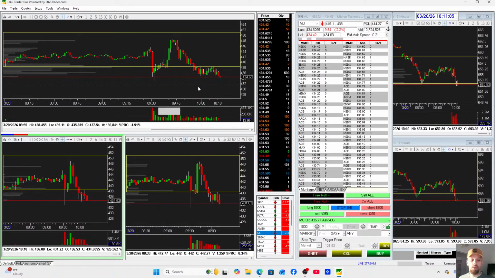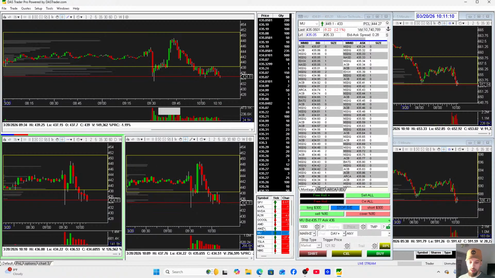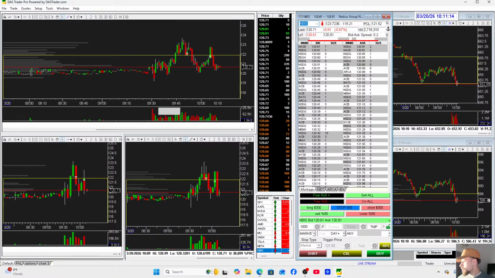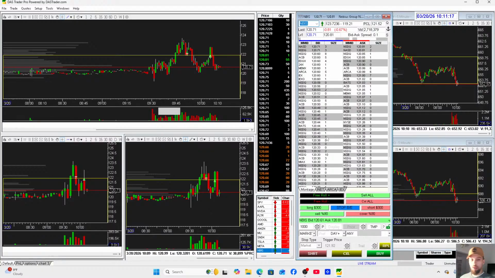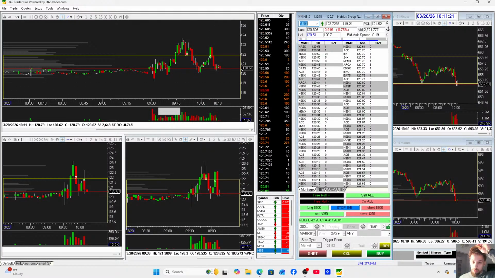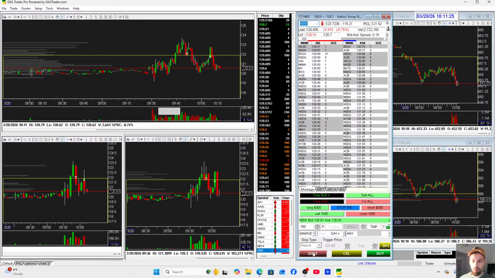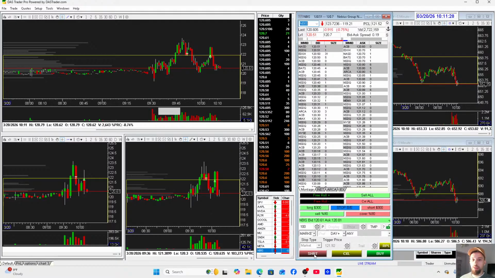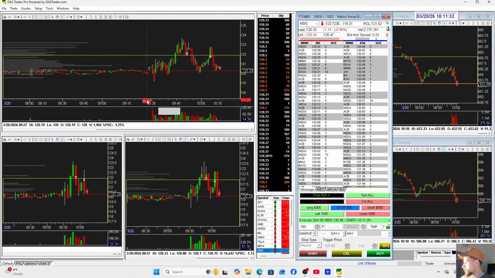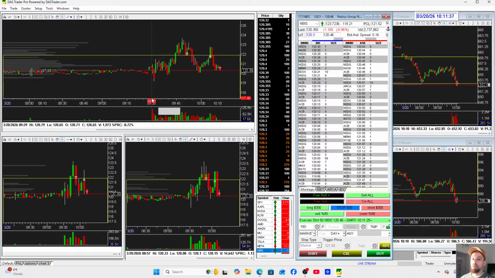It just squeezed a little bit. I think I'm going to take a short on NBIS, reducing my share size here. 100 shares, so instead of 200, it's just 100. I want to see if we're going to lose this range.